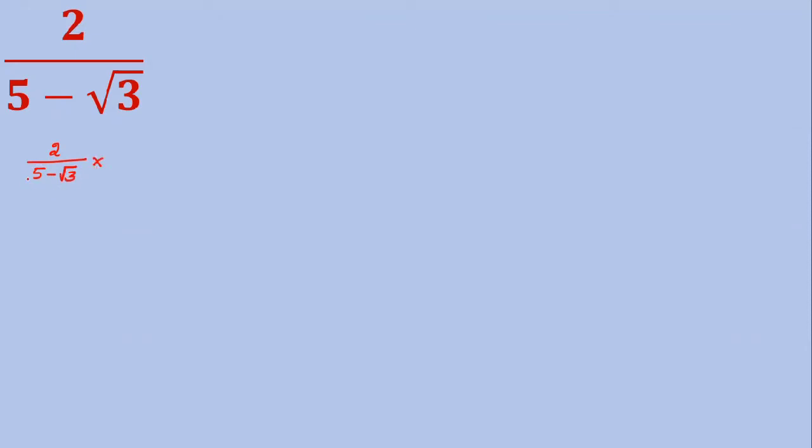Multiply both the numerator and denominator by the same number. Here to rationalize the denominator we have to multiply by 5 plus root 3. If it is 5 minus root 3 in the denominator, multiply by 5 plus root 3. For the numerator also the same number, 5 plus root 3. Put the bracket because it is a binomial.